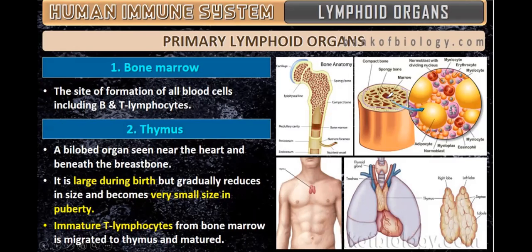Now this area is magnified. Here we see adipocytes, normoblasts, eosinophil, melanocytes, and erythrocytes. So these are the areas where all blood cells, including B lymphocytes and T lymphocytes, are formed. Then second is the thymus.